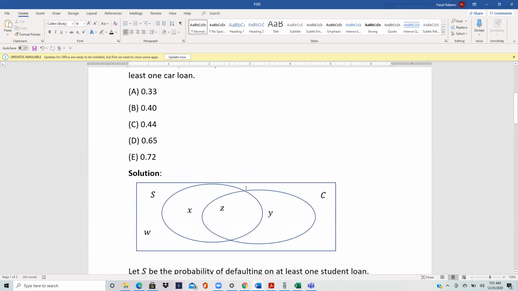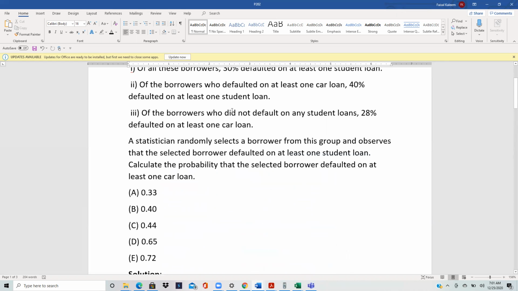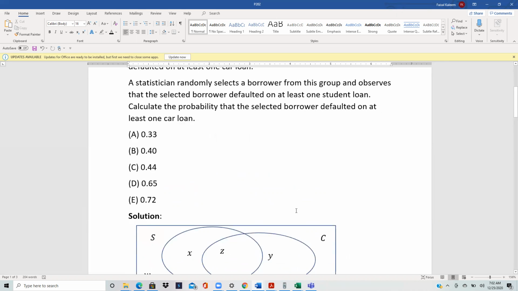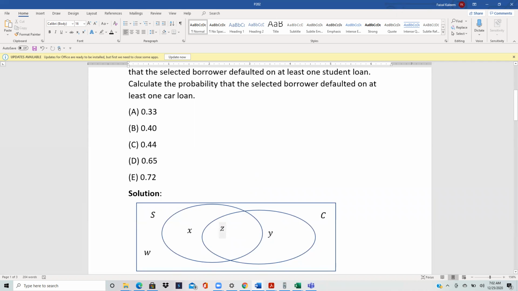Condition 2 says of the borrowers who defaulted on at least one car loan, 40% defaulted on at least one student loan. So of the borrowers who defaulted on at least one car loan, so one car loan is Z plus Y. So of these, 40% defaulted on one student loan.